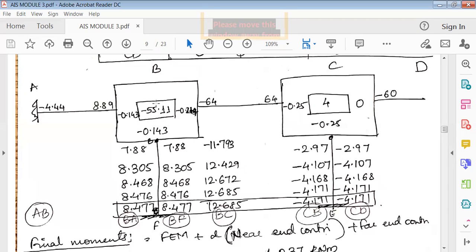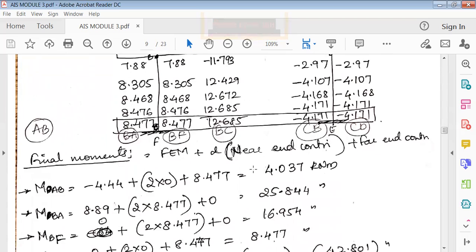BC, write it completely to the right side, whereas BF, write it just adjacent to that only. Similarly, at this point, CB, write it here only, near the column. CD, write it here. In case there was an extra additional column at CB, then you have to add this. Right now it is simple. Later you need to sum this up properly here.